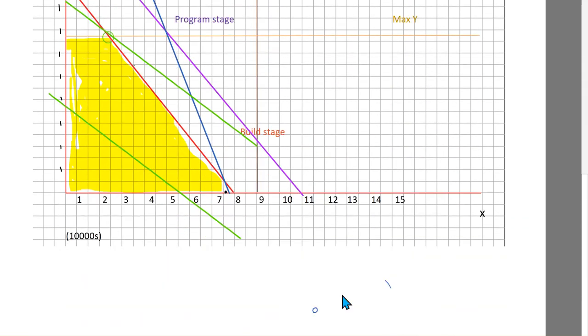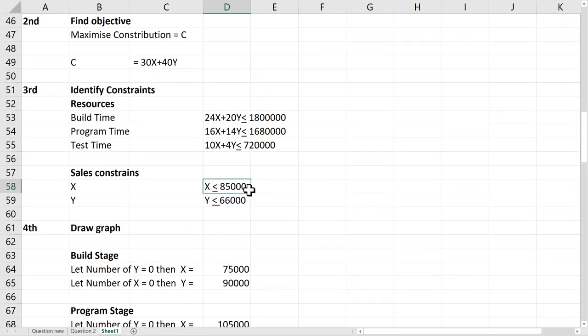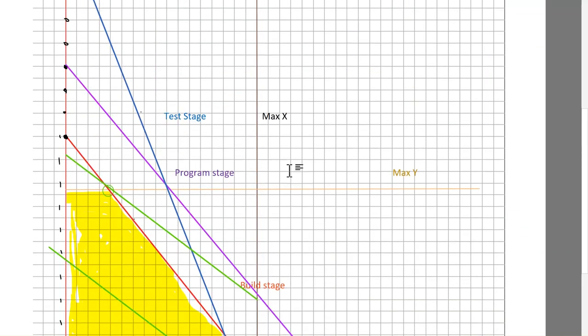And then sales lines, 85,000 units of x, 66,000 units of y. They are just parallel lines. So we have 85,000 units of x, parallel line.